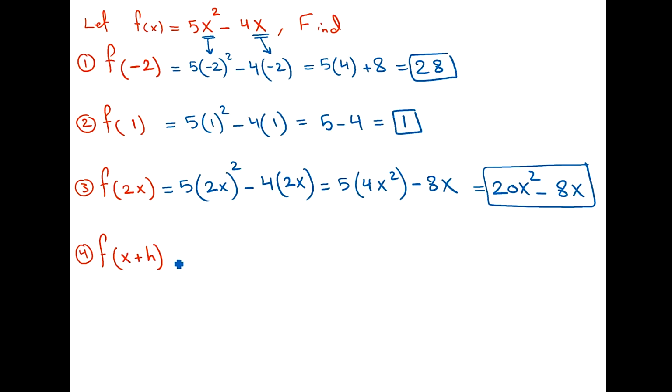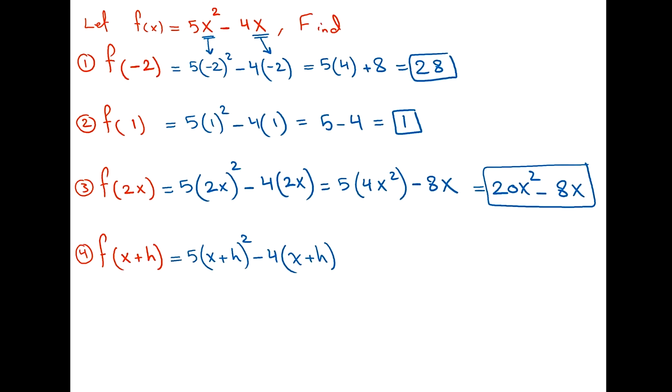Now, f(x + h) equals 5 times (x + h) squared minus 4 multiplied by (x + h). Now we need to simplify by finding (x + h) squared and multiplying -4 with the brackets.